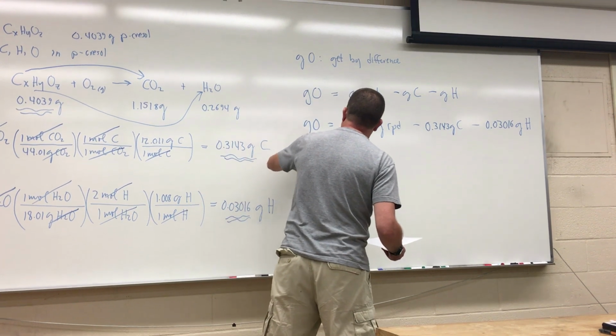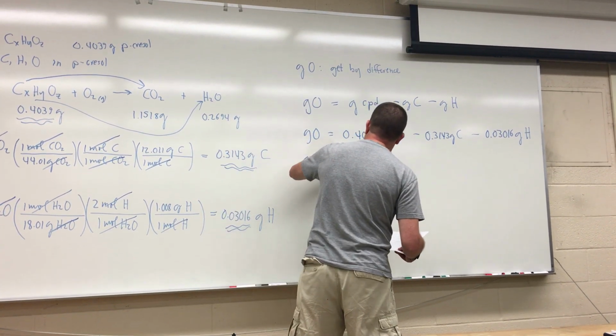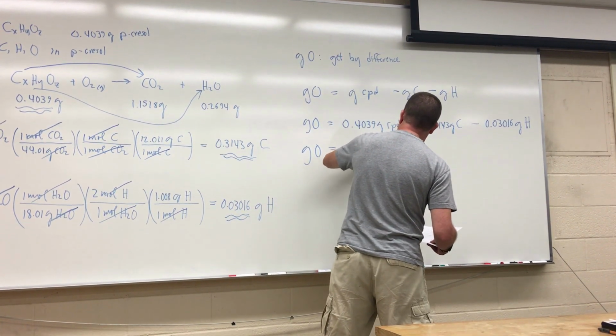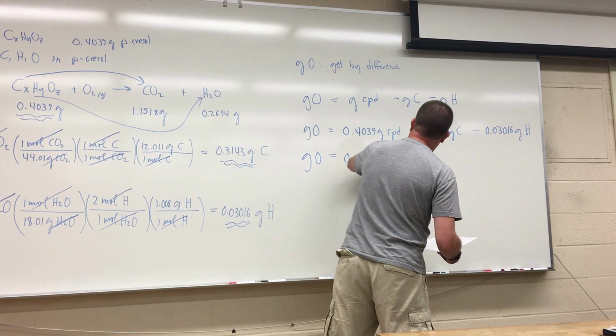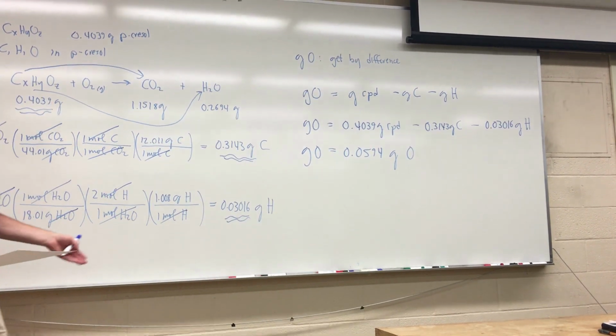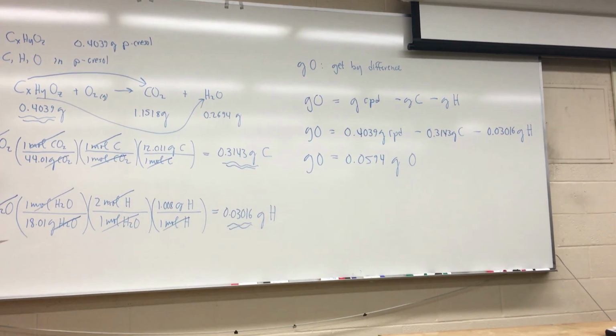So my grams of oxygen, when I work this out mathematically, turn out to be 0.0594 to 3 sig figs. And that's the mass of oxygen that had to come from the compound alone. All right? So now I've got masses of everything involved.